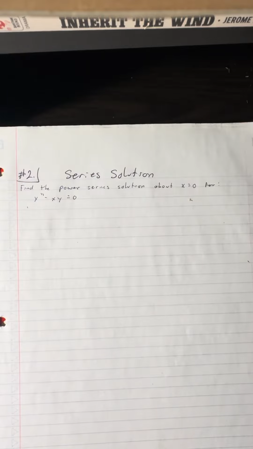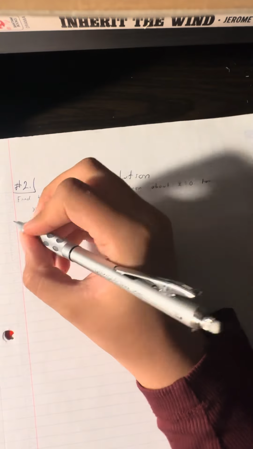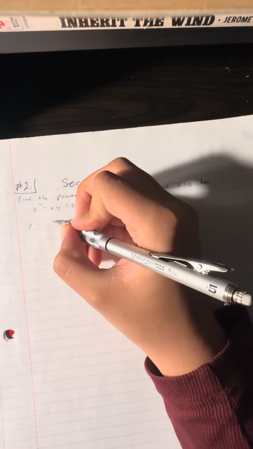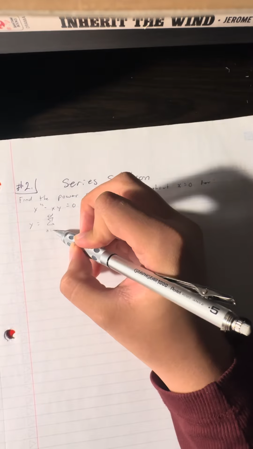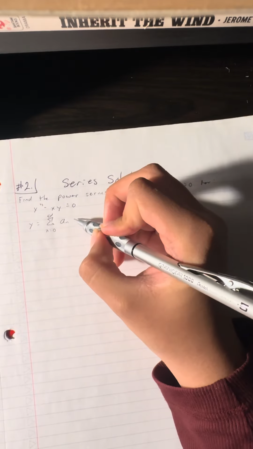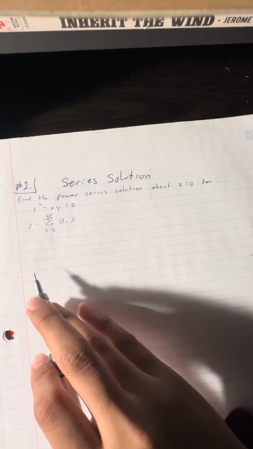Okay, this is problem number 2. Since the question says that x is 0, I'm going to use this formula of 0. And then the next thing I'm going to do is derive. So that's y.